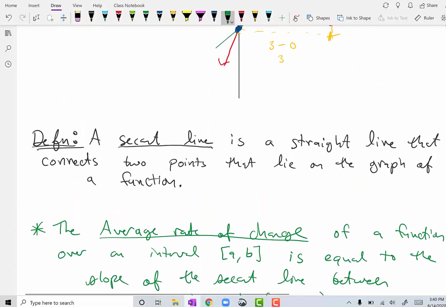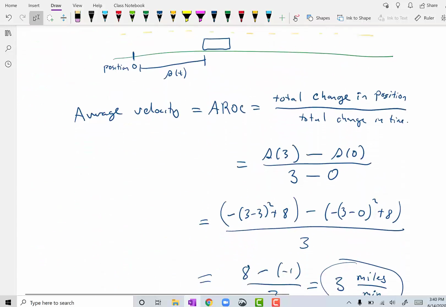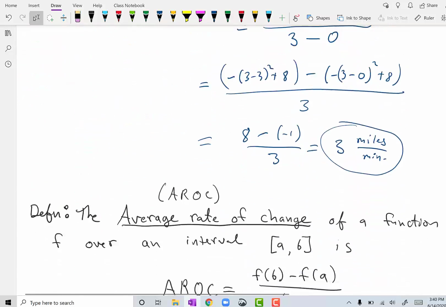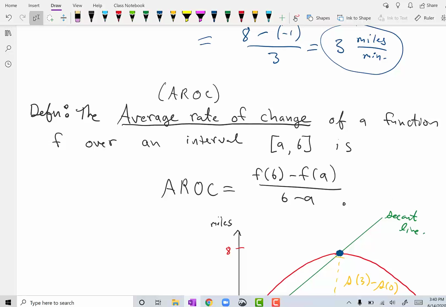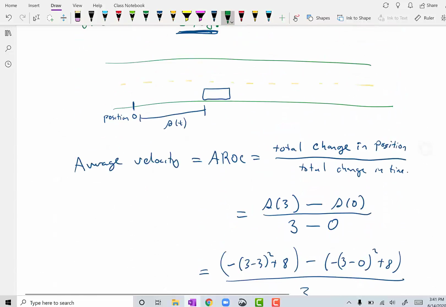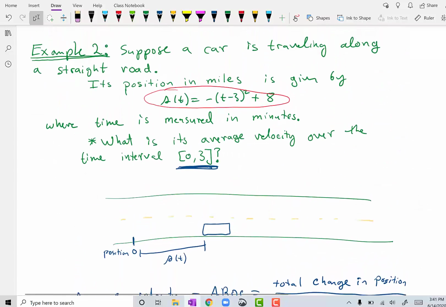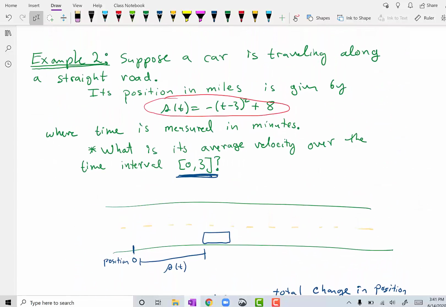So the takeaways from this video should be that the average rate of change of a function is given by this formula. That's an important one. In the particular case of position and velocity, the average rate of change is equal to the average velocity if you're using the position function.